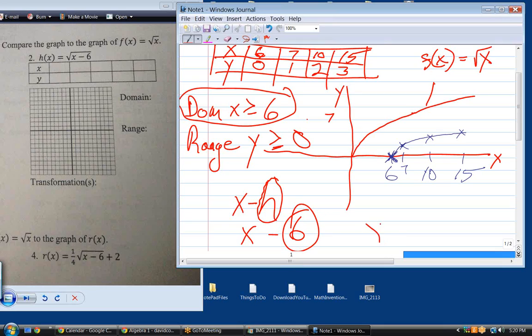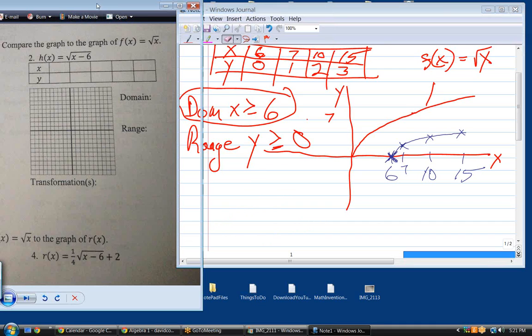If I would have had x plus 6, that's a shift to the left, because h is negative. If h is negative, you go left. If h is positive, you go right. So we have a 6 here. That's a shift to the right. Oh, I get it. All right, let's go to 3.